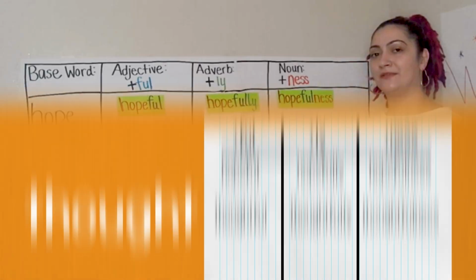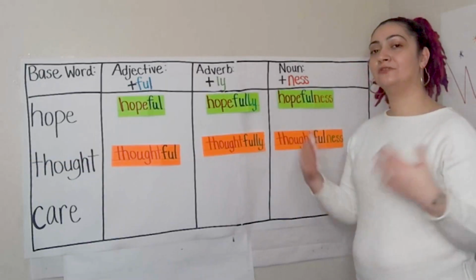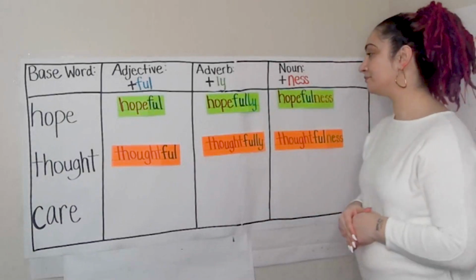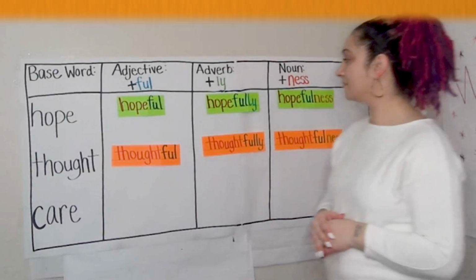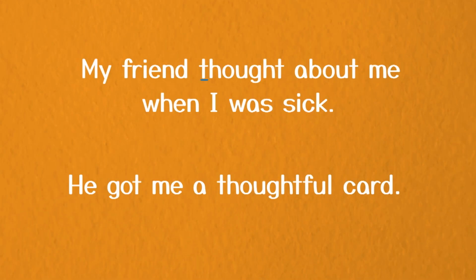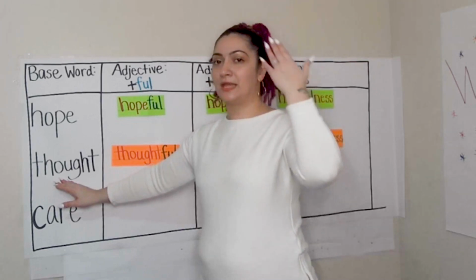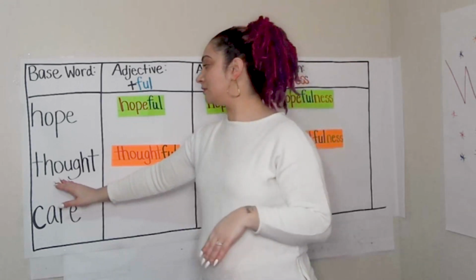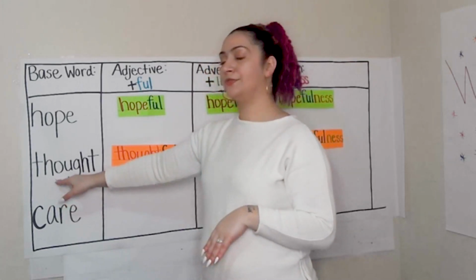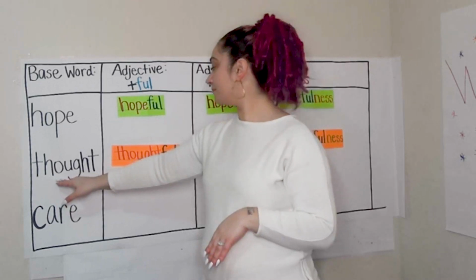While you're writing, I'm going to give you an example of how you could use these words. My friend thought about me when I was sick. Thought is to think, to get an idea, right? To think about something. So he thought about me when I was sick.